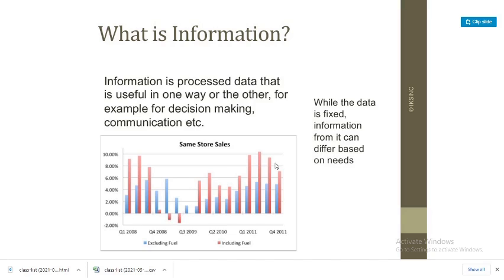While the data is fixed, information from it can differ based on the needs. See here now, data is fixed, information is going to change. Why will it change? See, 100 people have purchased something from your store.